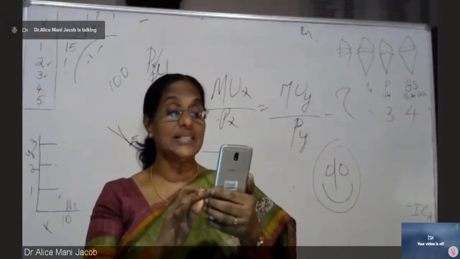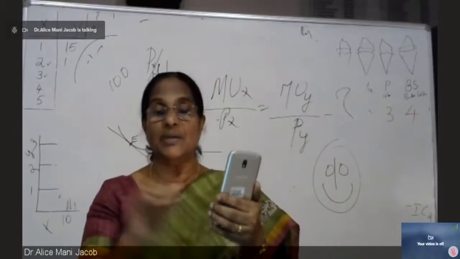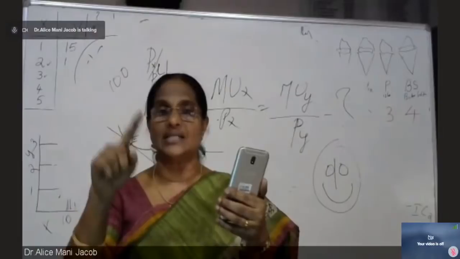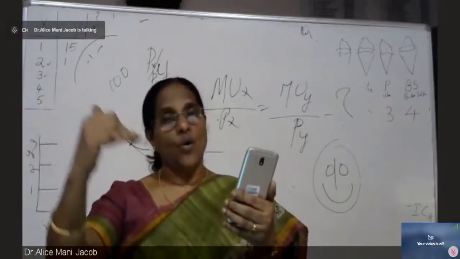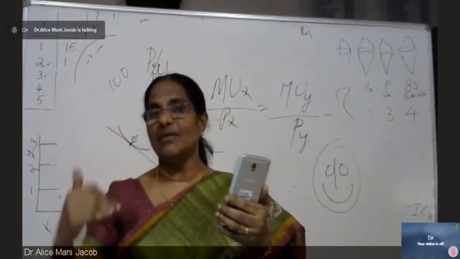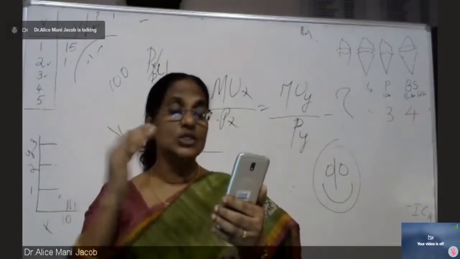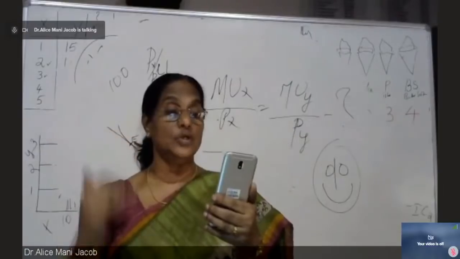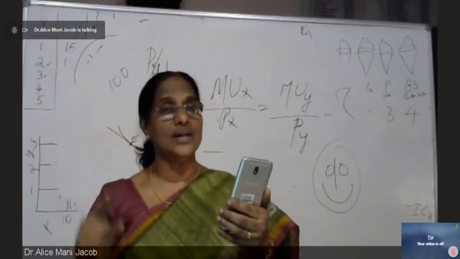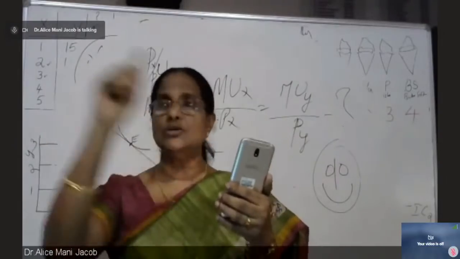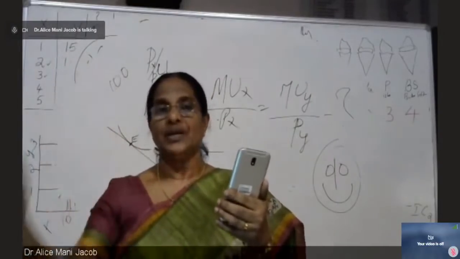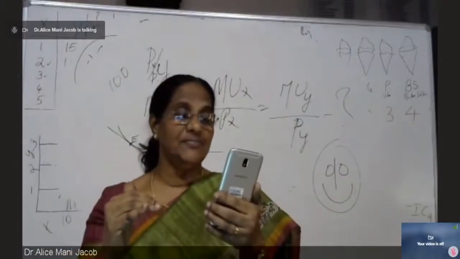If it touches either axis, it means either good x or good y is 0. You will have one good 0, but in our assumption, we consume combinations of goods. The one-good consumer is not our consumer. Our consumer has combinations of good x and y about which he is indifferent.